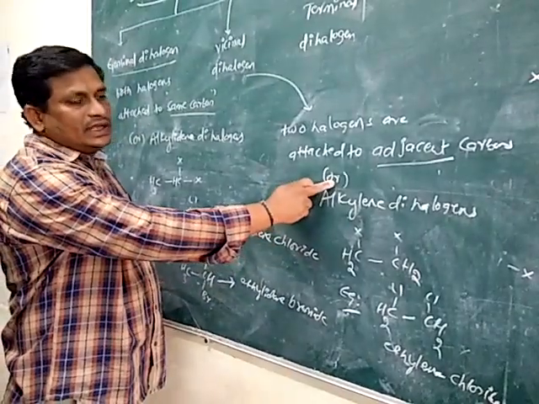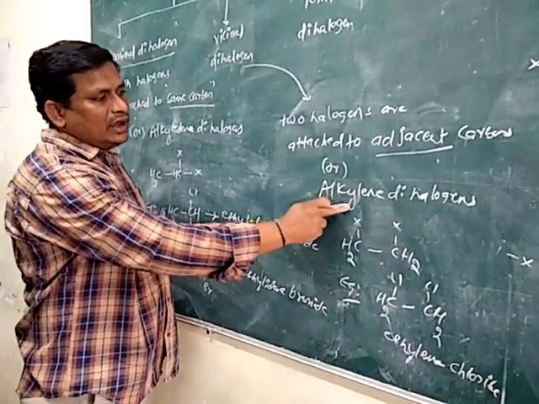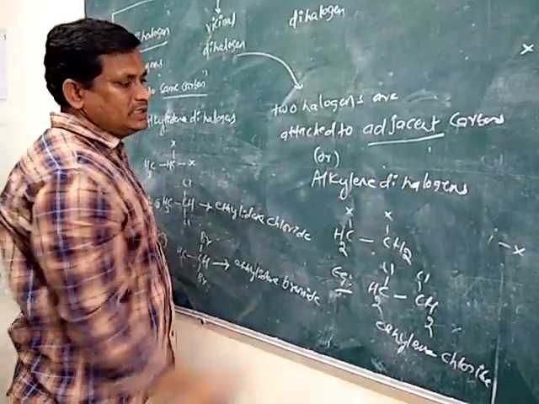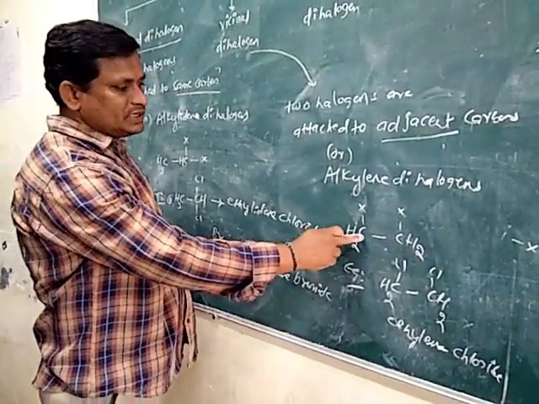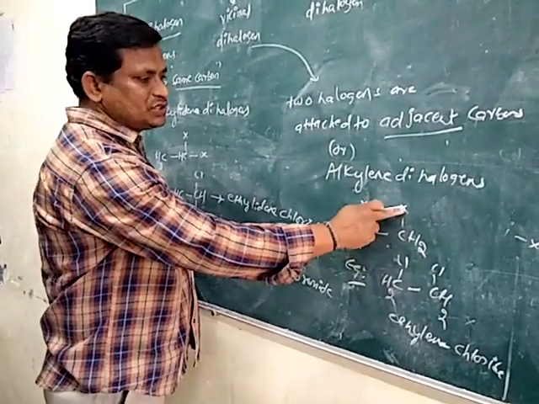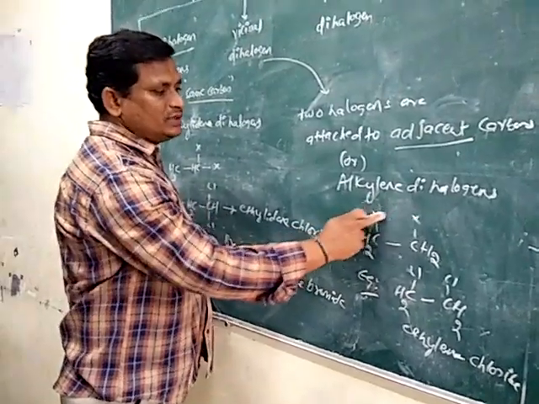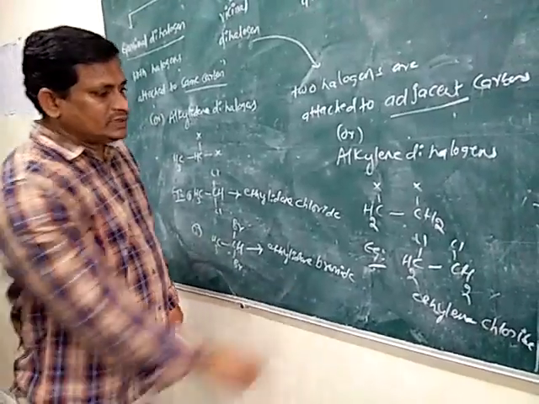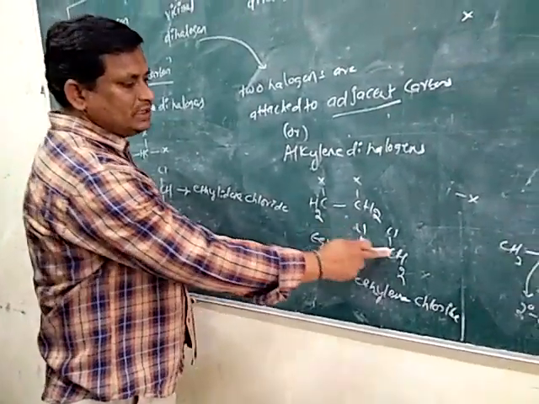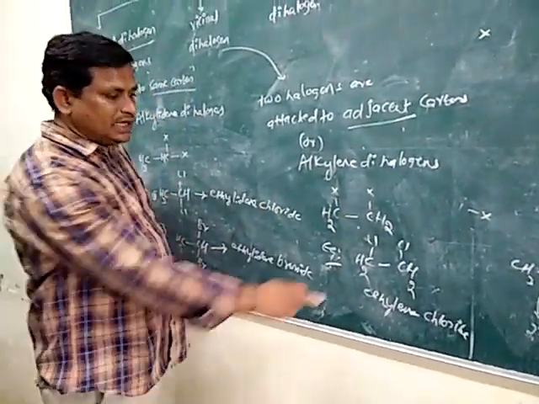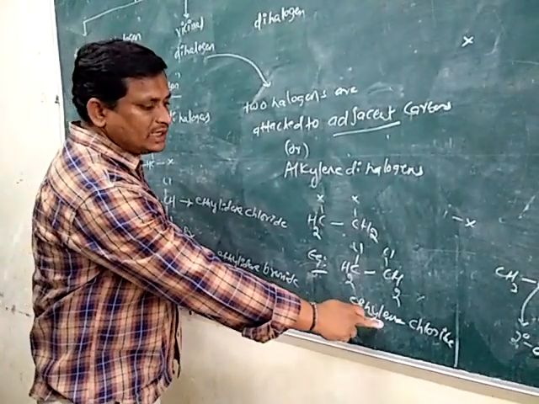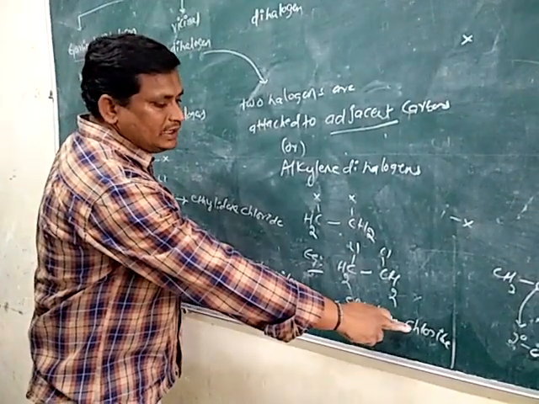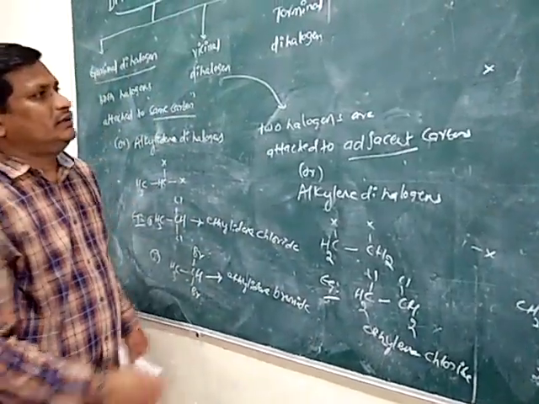Vicinal dihalides are also known as alkylene dihalogens. The simple representation is CH2X, CH2X, which means two halogens are attached to adjacent carbons. The example is CH2Cl, CH2Cl, and the name of the compound is ethylene chloride. So then, next one.